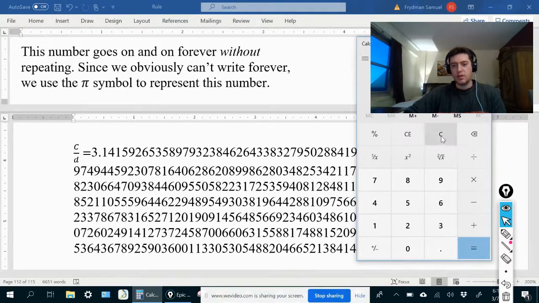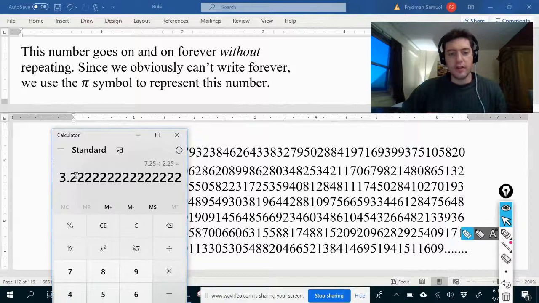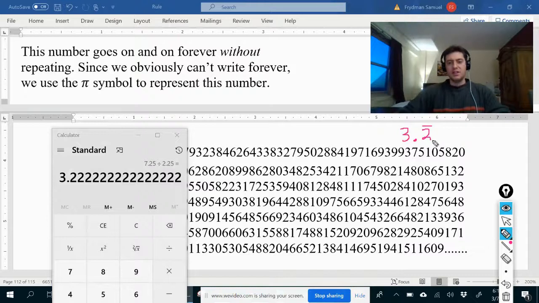This was when I was actually not very accurate, and I got this number. So I was pretty close, but not exactly this. This number over here, 3.2 repeating, if I have a repeating decimal, I could write that as 3.2 with a bar over it, and that just means that the 2 repeats forever.